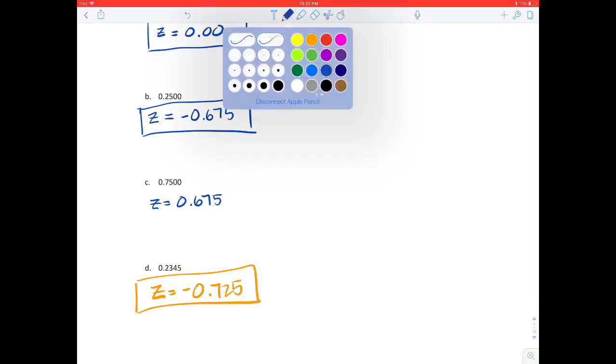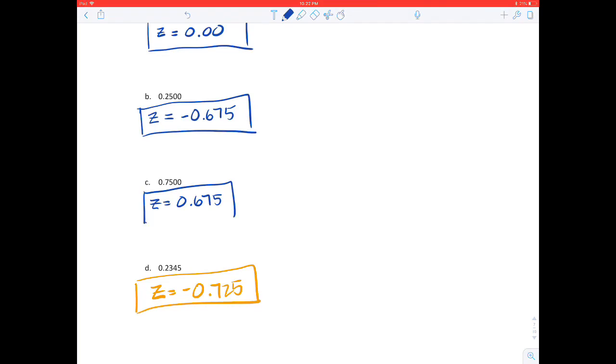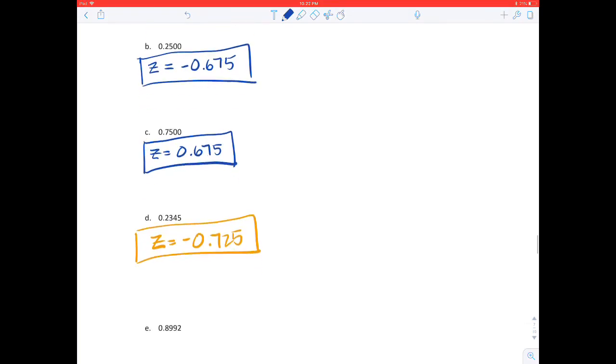And you do carry the digits out when you average the z-scores. You carry them out one more than normal.